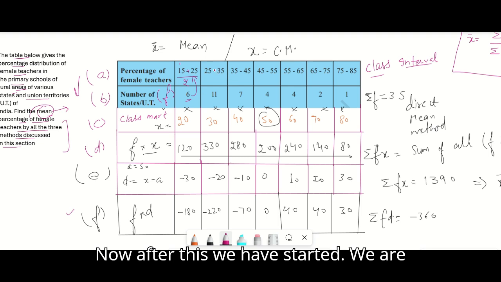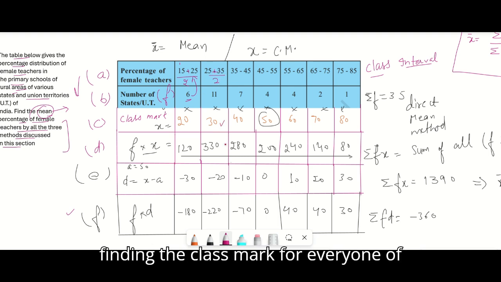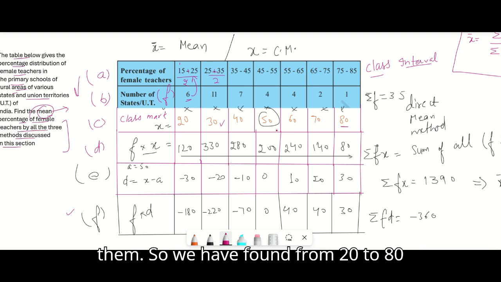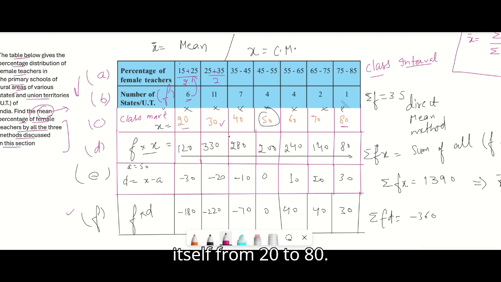Now we are doing the same thing again, finding the class mark for every one of them, from 20 to 80.